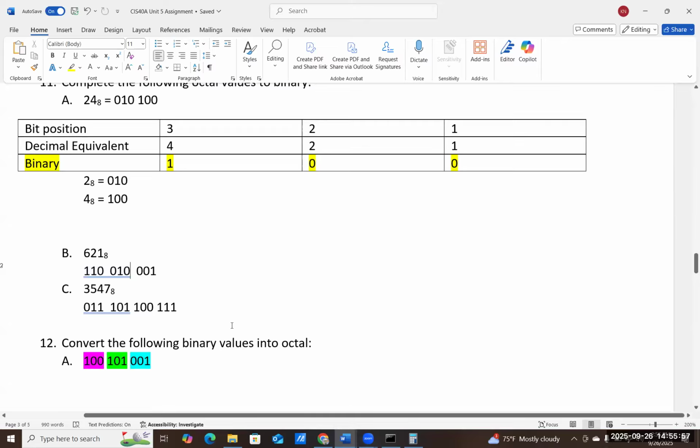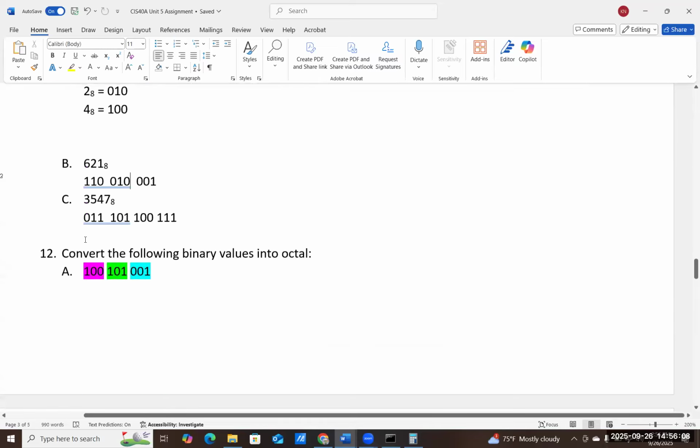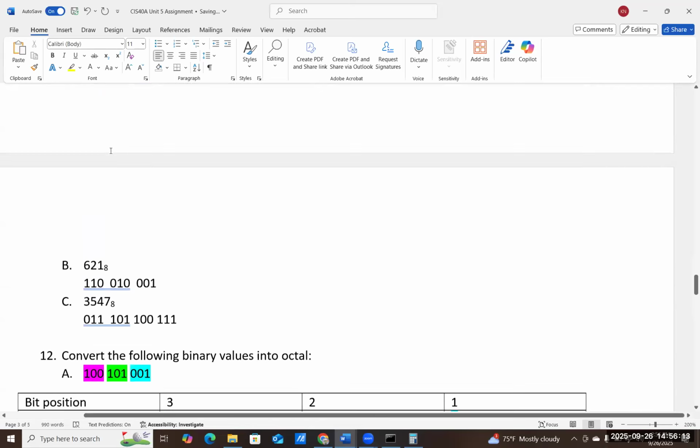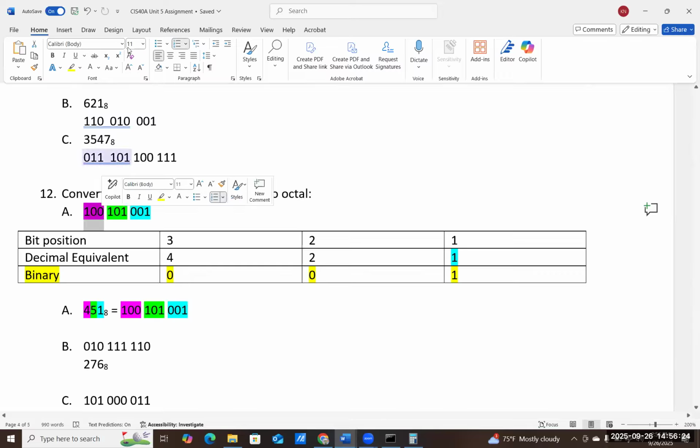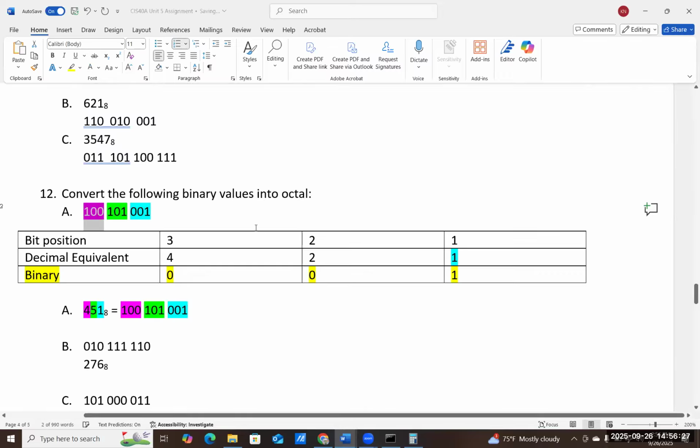Okay, so now if we go in reverse, if you take the binary value, let's move this down. If you do number 12, you use the same scale and now you do the addition. So if I have 1, 0, 0, it's off at 1, it's off at 2, it's on at 4.